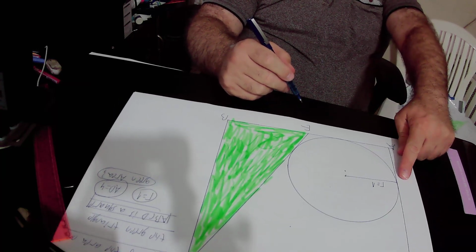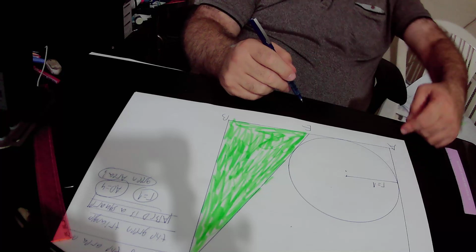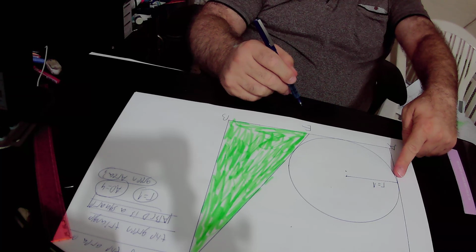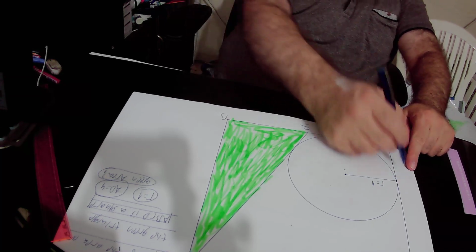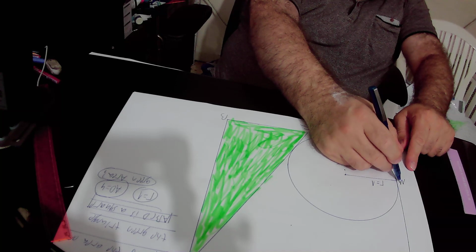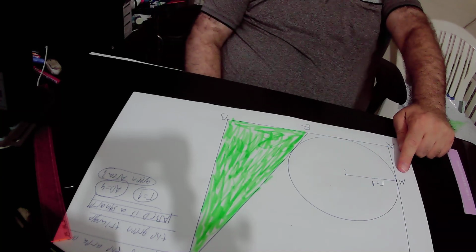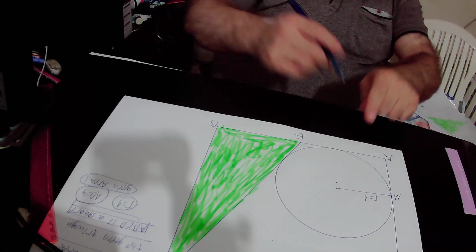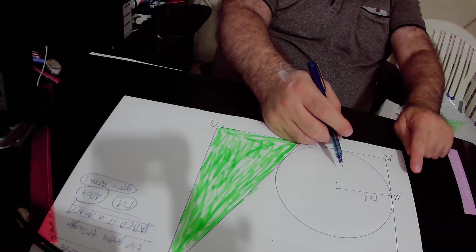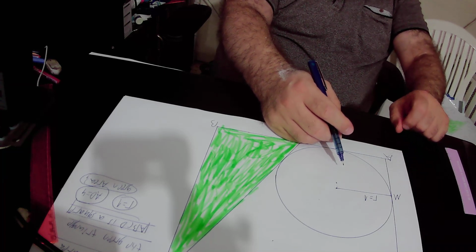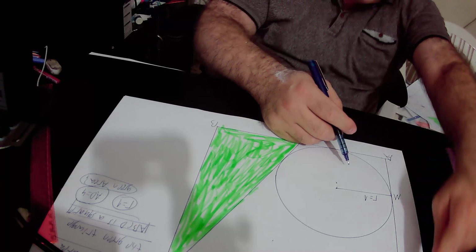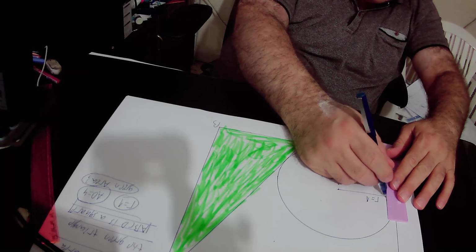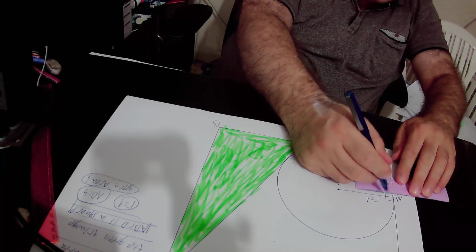We will define the point of tangency of tangent AD with this circle, this point, as point M. Point M is the point of tangency with this circle, and we have this radius that is drawn to the point of tangency. Therefore, according to rule number 1, the tangent AD will be perpendicular to this radius. That is to say, this angle will be equal to 90 degrees, and this angle will also be equal to 90 degrees.